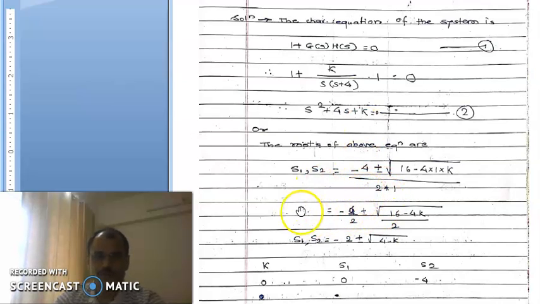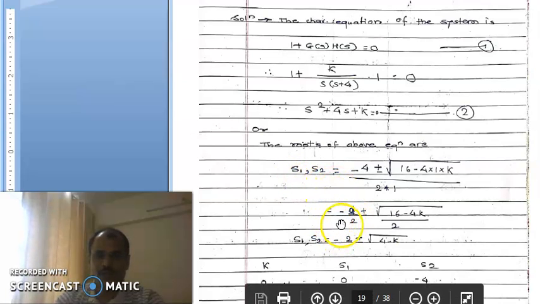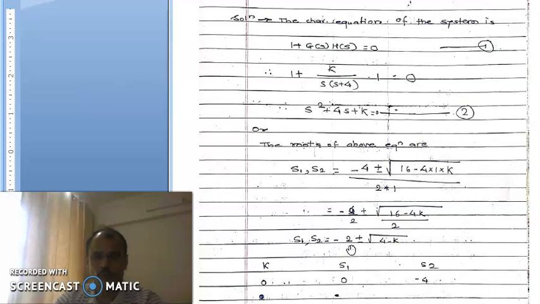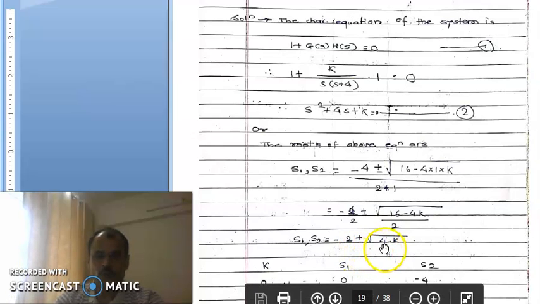So after substituting this, we have two roots s1 and s2, and the formula will give you the simplified form as minus 2 plus or minus root of 4 minus k. It means that we can choose s1 is equals to minus 2 plus root of 4 minus k, and another root s2 is equals to minus 2 minus root of 4 minus k.